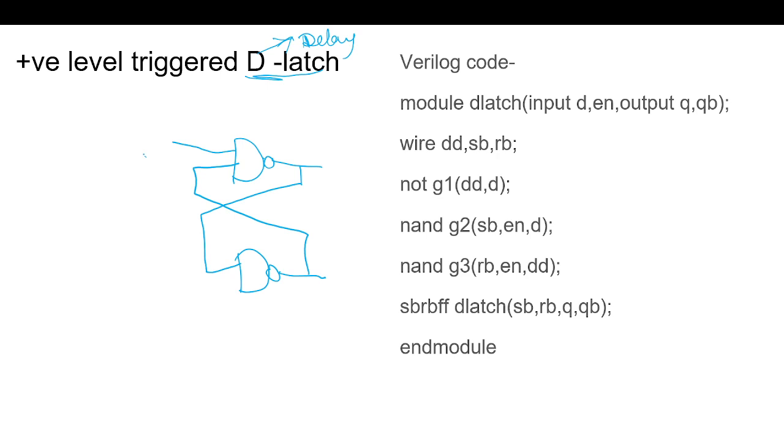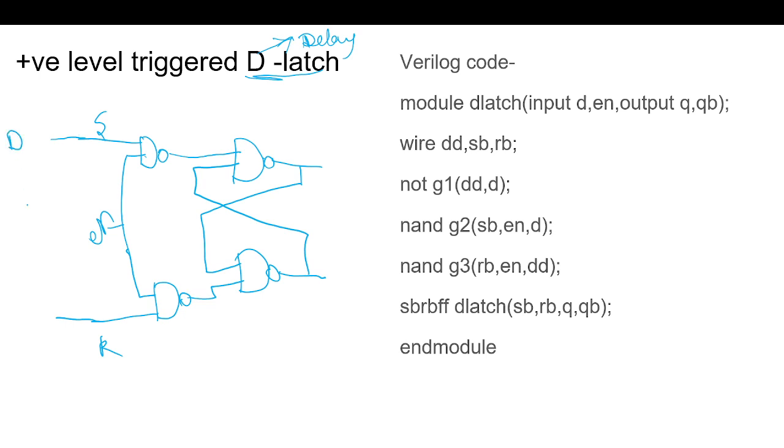And then here I was having S, and then here I was having R. These two I was tying, and I was having the enable signal. What should be S and what should be R? Say I have D as the input.